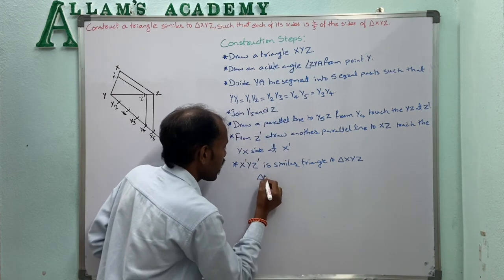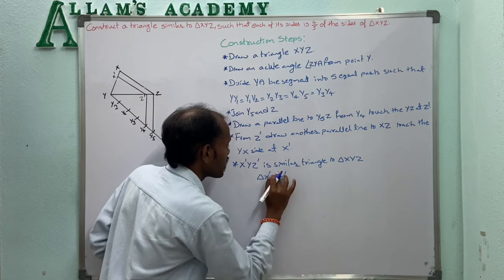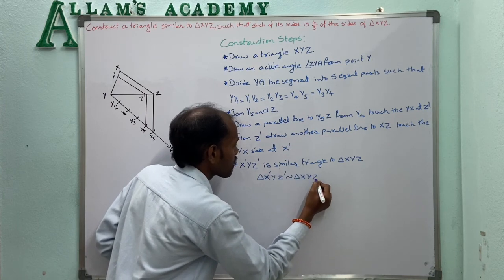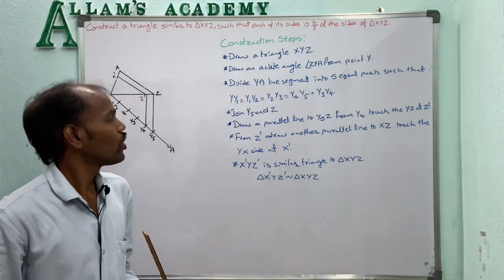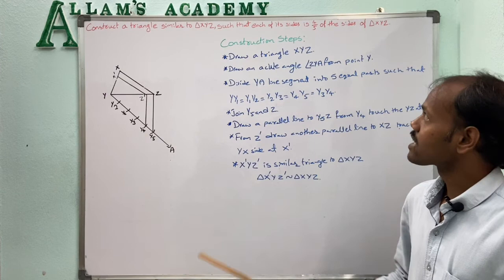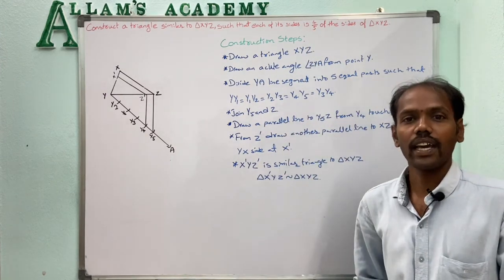So triangle X dash Y Z dash is similar to triangle XYZ. Okay, so in this model we draw the similar triangles of the given triangles.